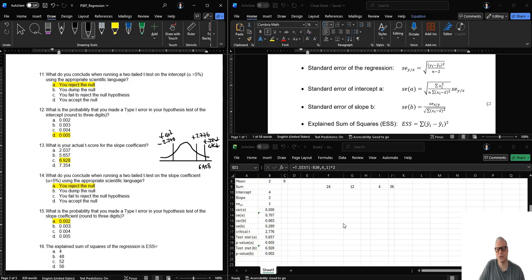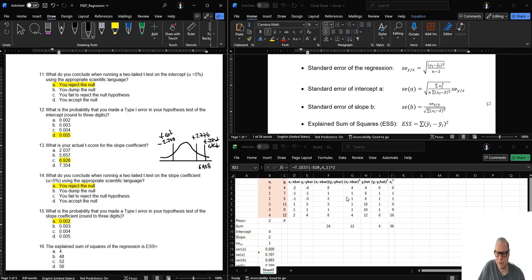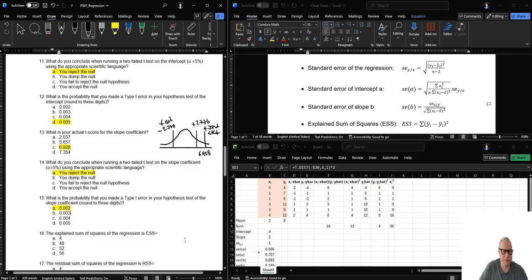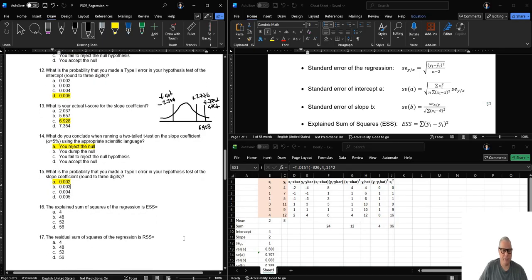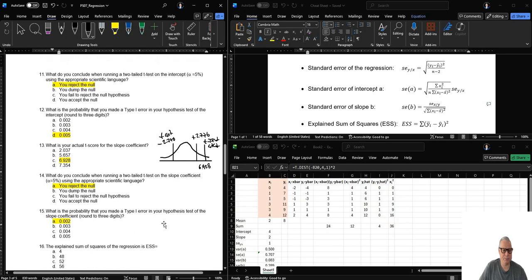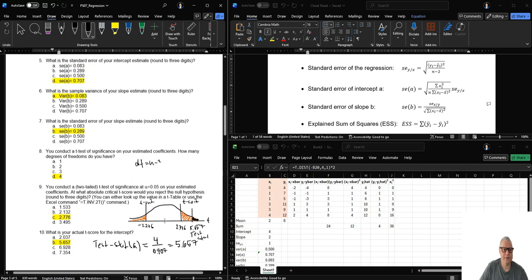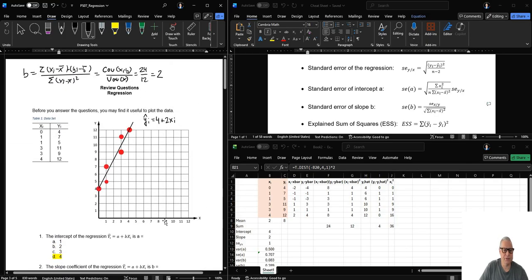Okay, so that means our regression results are highly significant. And so now let's turn next to the ANOVA table. When it comes to the ANOVA table, we first look at the explained sum of squares. For this I go back to our graph. Let's do an ANOVA table here.